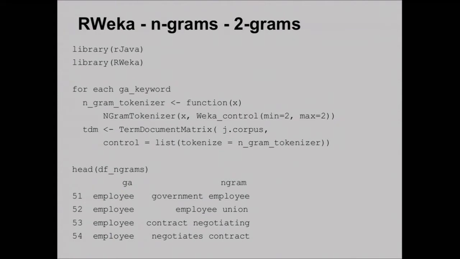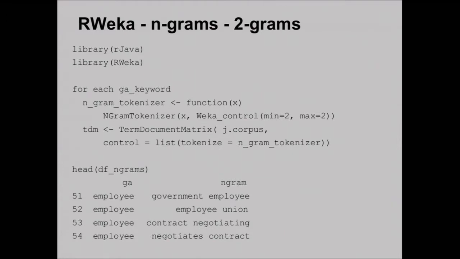However, for each of the Google keywords, we will use RWeka to call this function here, which says that instead of creating a TDM with just one word, we will create TDMs with 2 words. So that's why I put in minimum 2 words, but also maximum 2 words.